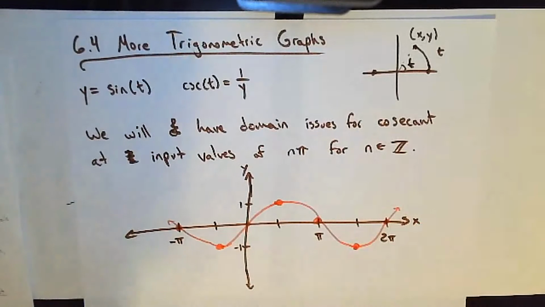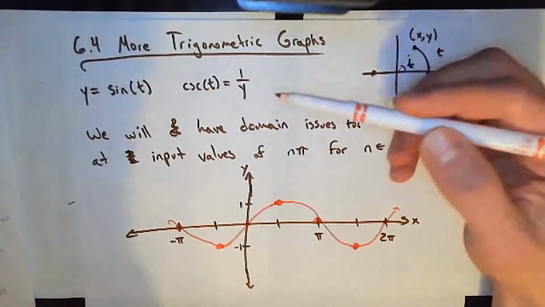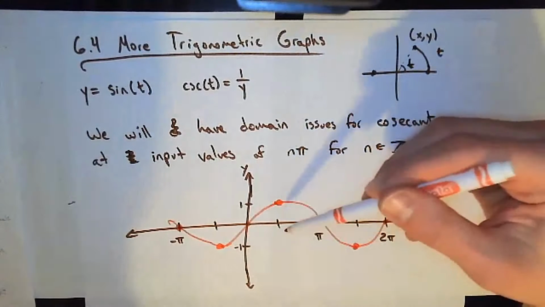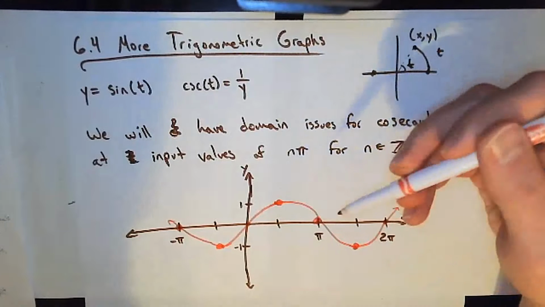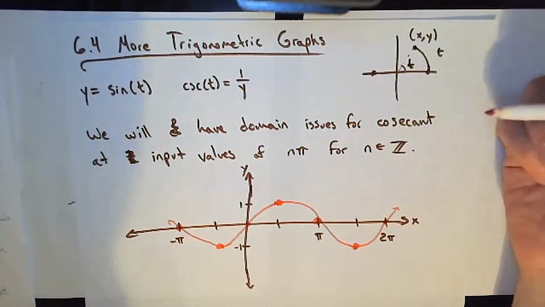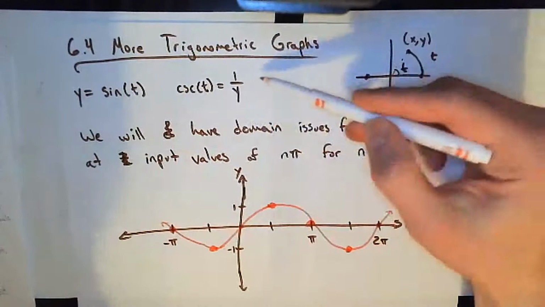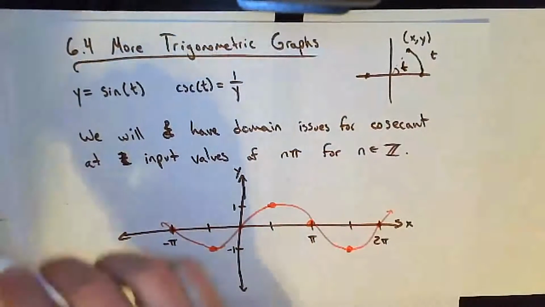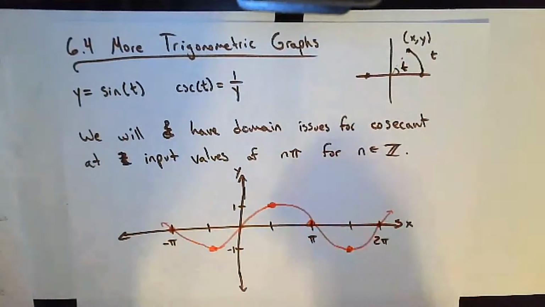So first of all, cosecant is going to be matching sine at the inputs of pi on 2, because sine of pi on 2 is just 1, right? And if the output is 1, what's 1 over 1? Well, it's still 1, right? So cosecant's still going to be matching here.